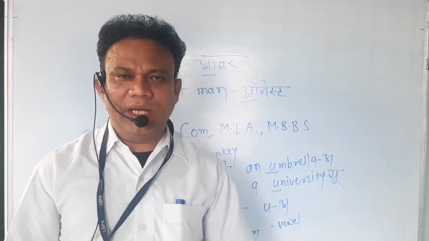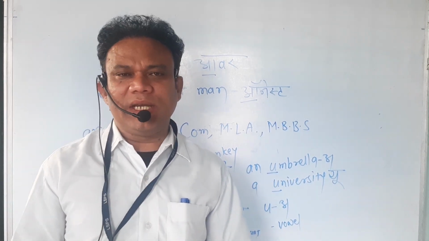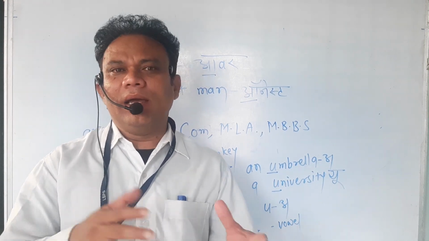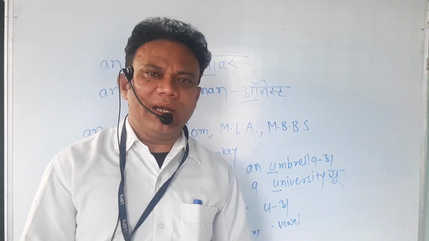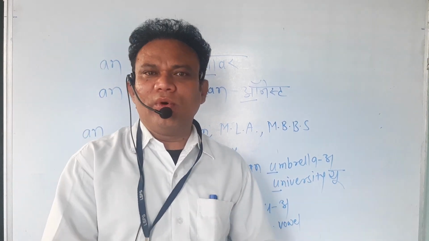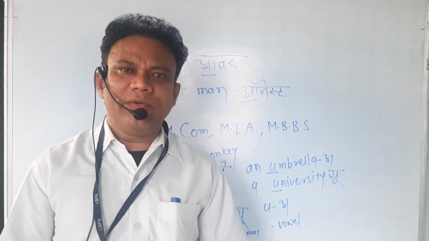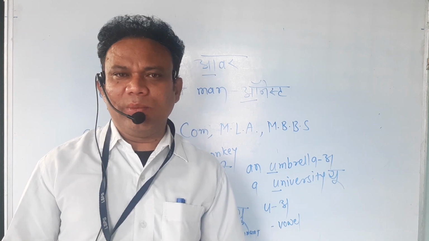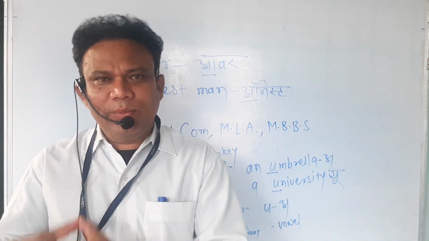Rich is an adjective. If I use the article the before the adjective rich, the rich means rich people. Poor is an adjective. If I use the article the before the adjective poor, then the poor means poor people. So remember that whenever we use the article the before any adjective, it gives the meaning of people.